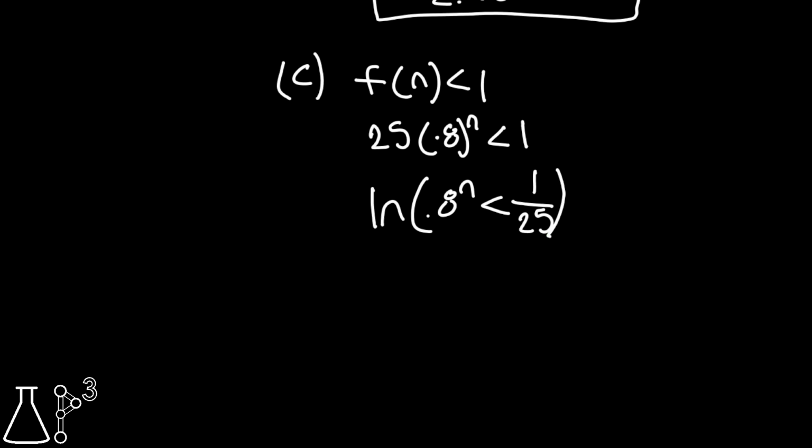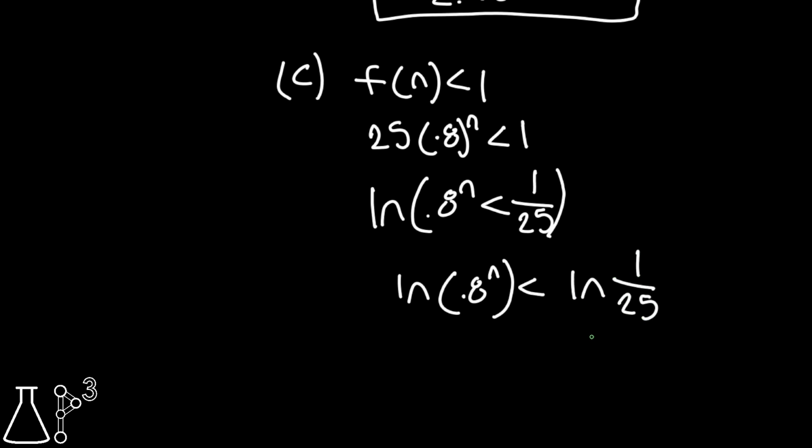Now, whenever you're using natural logs, let me write this out. You're going to take the natural log of 0.8 to the n, which is going to be less than the natural log of 1 over 25. Right?